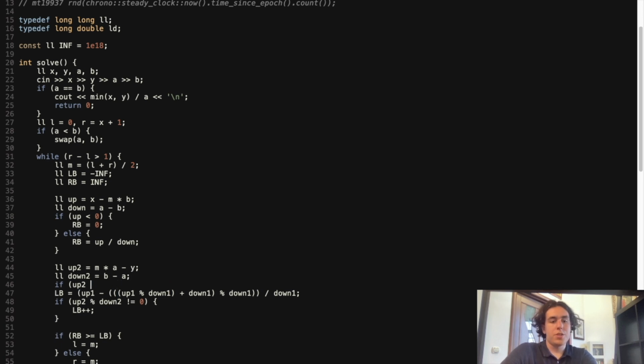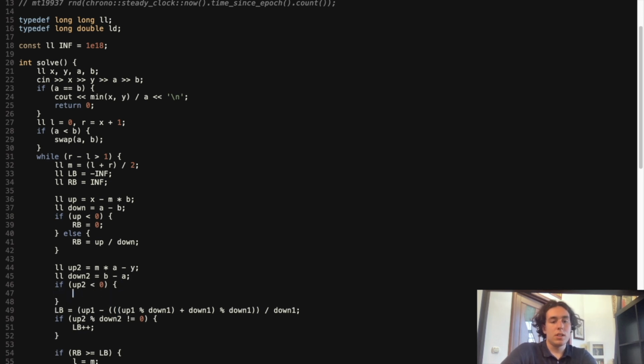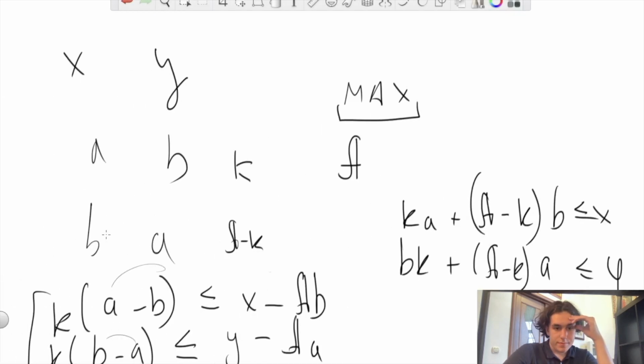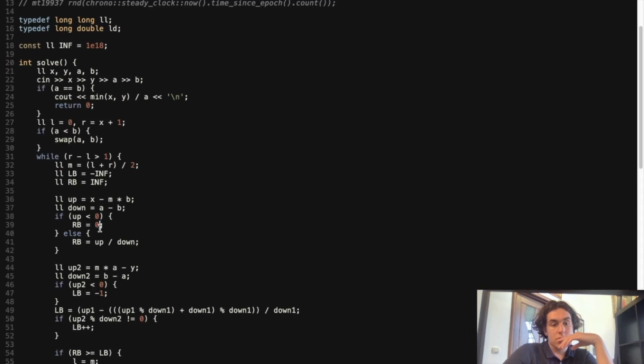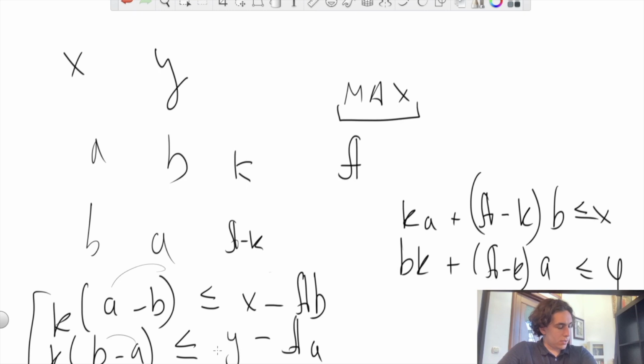If up 2 is less than 0, left bound is, wait, what? It's the right bound. Less than 0, then it's minus 1. Yes, and it's the lower bound.